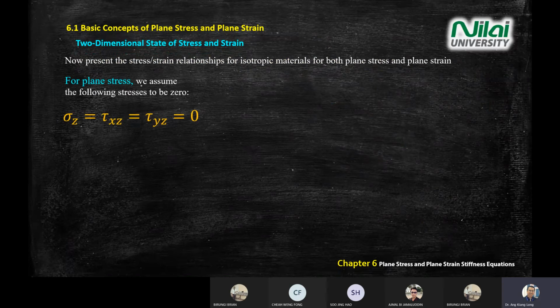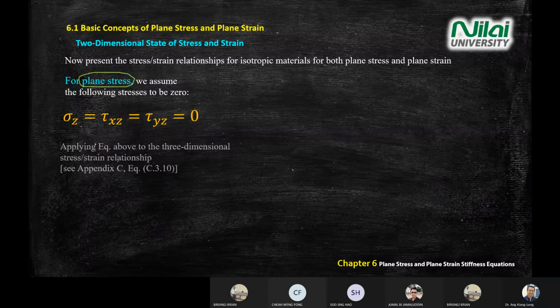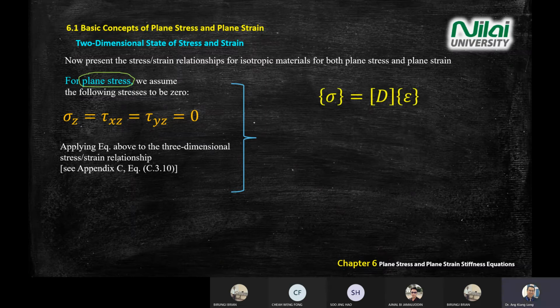So this one is a definition when we talk about plane stress just now. You will come to one of the famous equations, because you know what Young's modulus is: Young's modulus equals stress divided by strain, right? You learned this in your material science or your statics or dynamics.